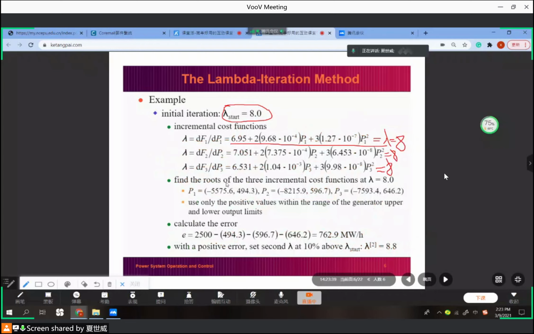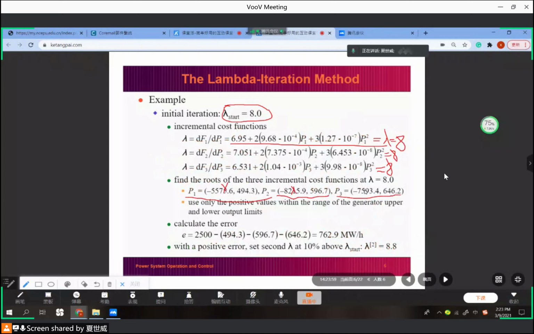So based on this, you can calculate the roots of this equation, and you will find P1 has 2 solutions, P2, P3. And because the generation is always greater than 0, this negative root is not possible.